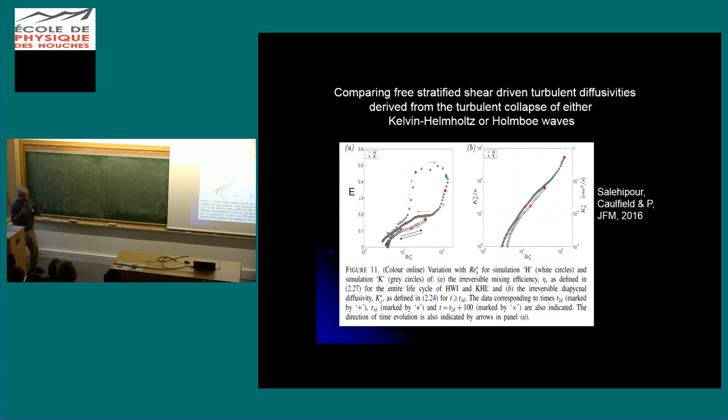We can also show that in order to translate the turbulence into an effective diffusivity, we can do that by multiplying a flux coefficient, which is connected to the efficiency of irreversible turbulent mixing, times the molecular Prandtl number, times, again, the buoyancy Reynolds number.